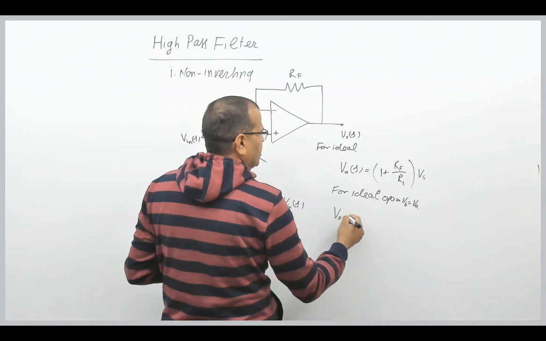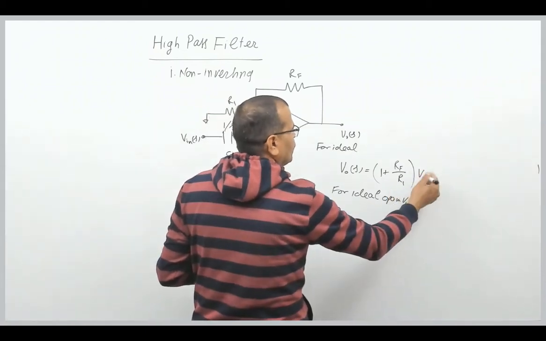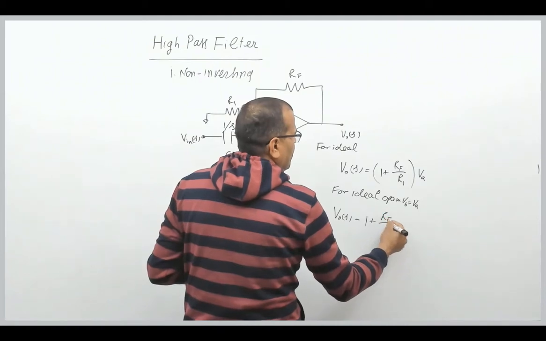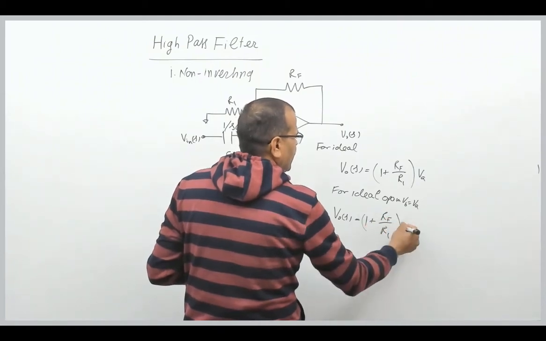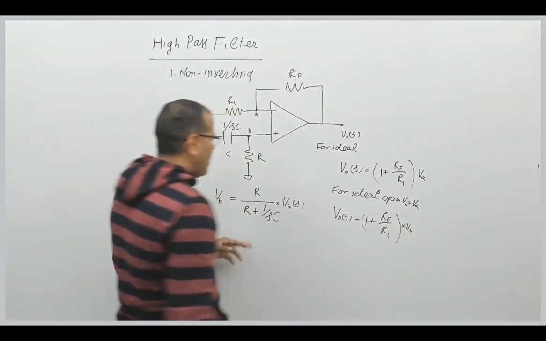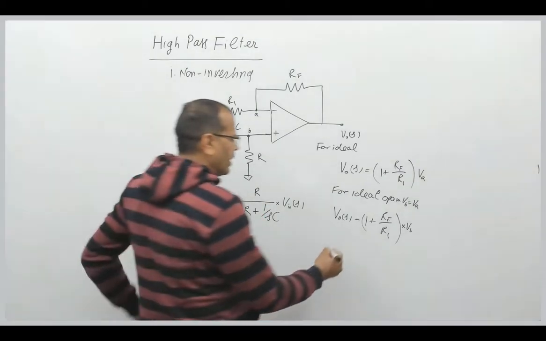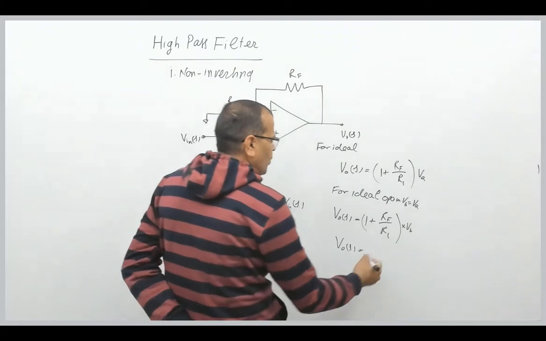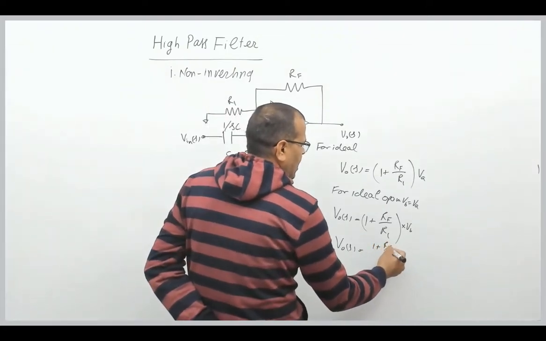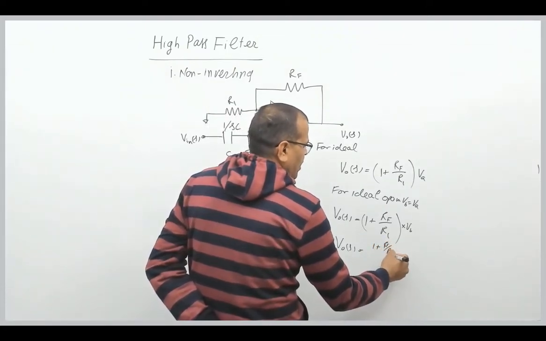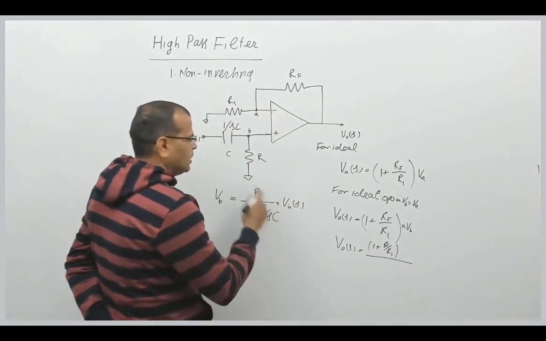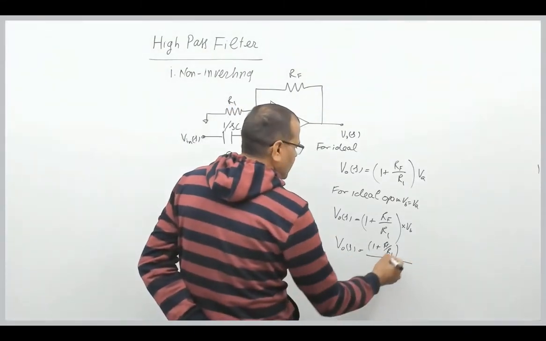So V0(S) will be equal to, so this was VA here, this will be 1 plus RF by R1 into VB, and you know what is VB? So I can write the output voltage of this is equal to 1 plus RF by R1 whole divided by this, that is what?